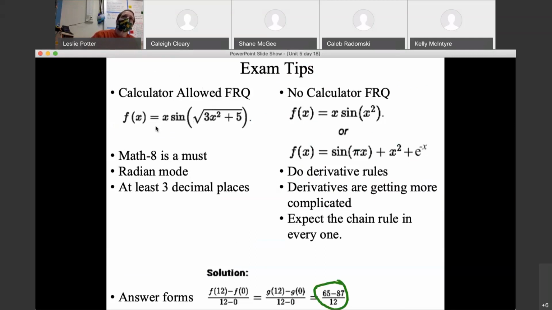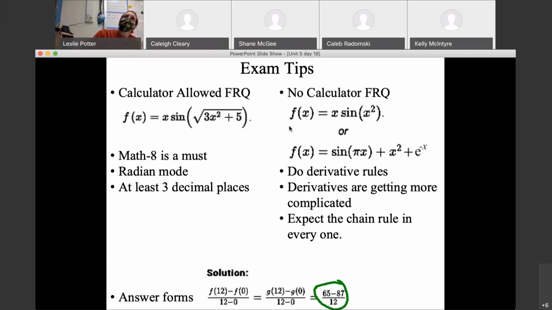And then just the other caveat, this is a trig function, I always put that on there. So if you're taking physics, make sure you're in radian mode for this test. You're kind of living in both worlds. Make sure your decimal answers, if you need decimal answers, have at least 3 decimal places.